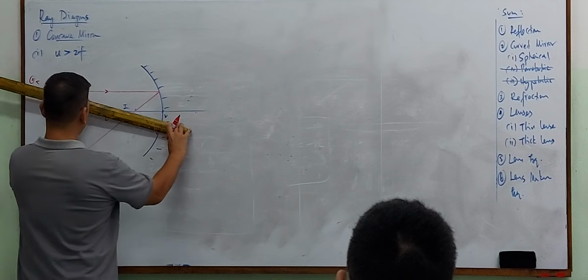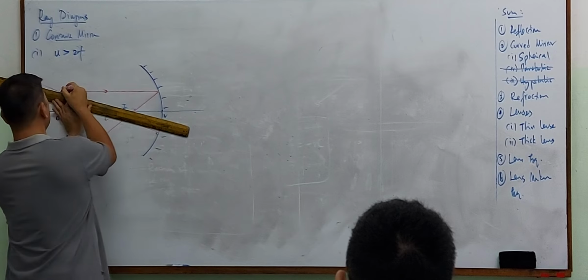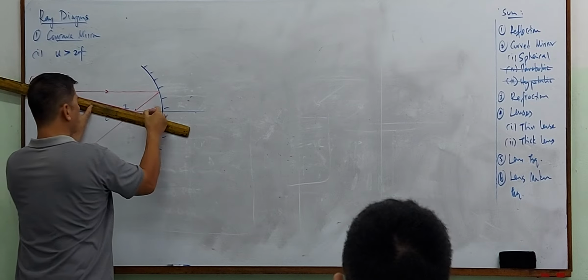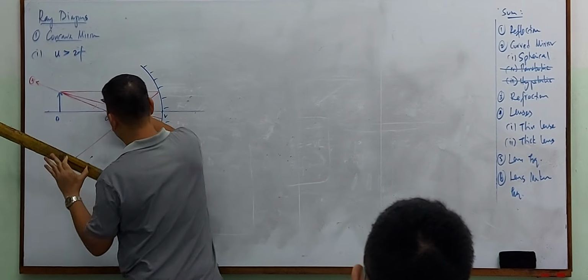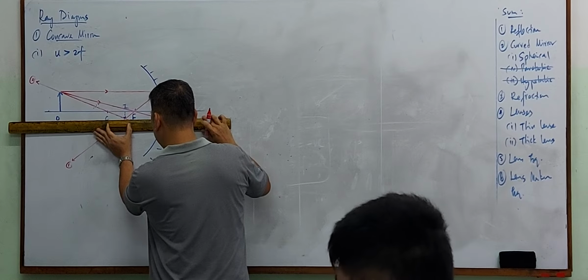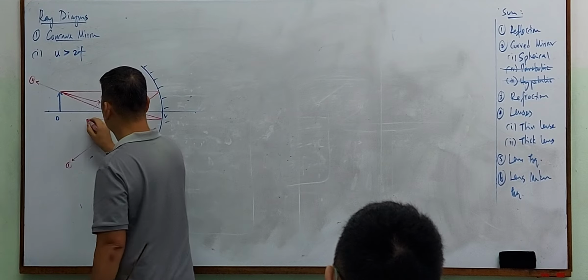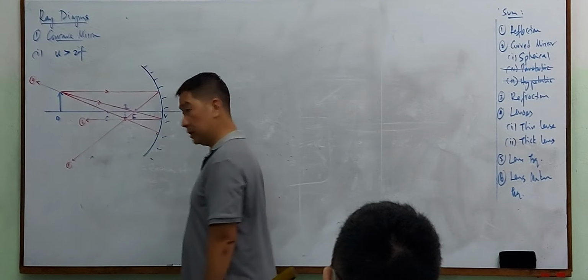Number 3 goes to the focus point first, so the effect is opposite. It should be parallel. So this one is number 3. When you draw it parallel, it actually gets through the same point here.